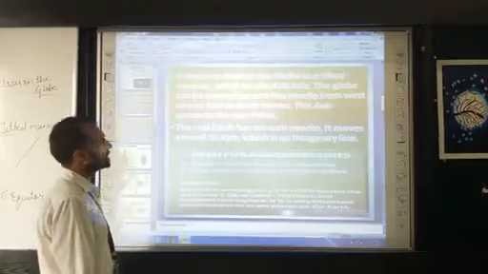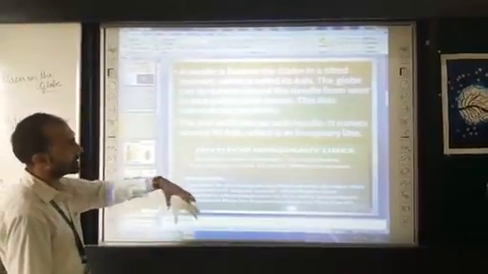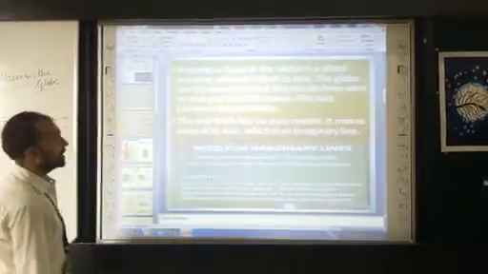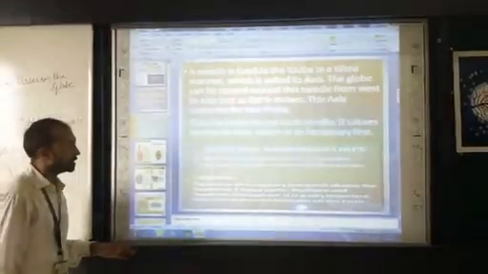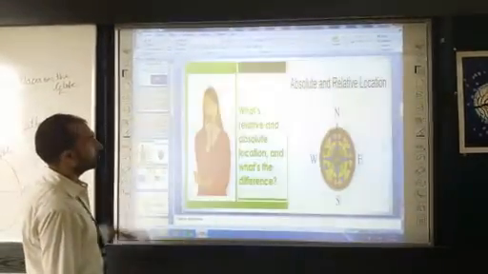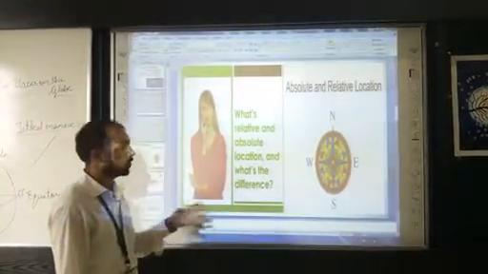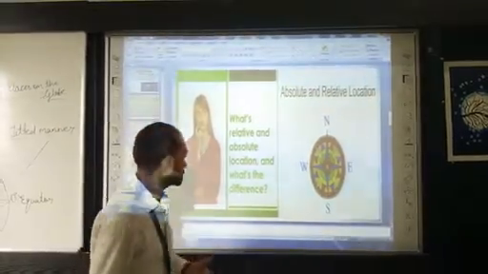That imaginary line helps the earth move around this needle from west to east, and this axis connects the two poles. Then we did absolute and relative location, that is, what exactly an absolute or a relative location is.